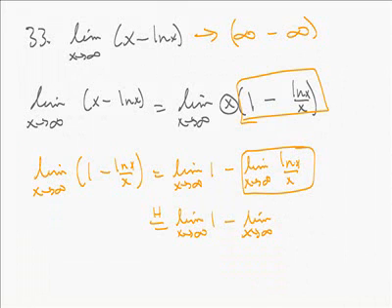By L'Hopital's rule, we have infinity over infinity here, this portion. So we're going to have the derivative, 1 over x over 1. As x goes to infinity here, this goes to 0. This part goes to 0, so we get 0 over 1. And so we end up with, then, 1 minus 0, or 1.